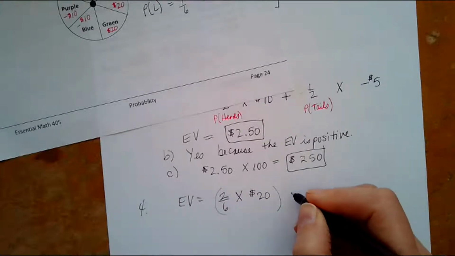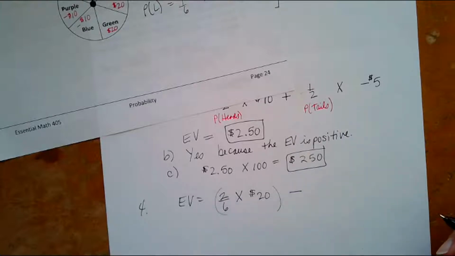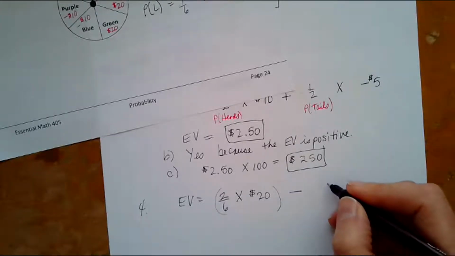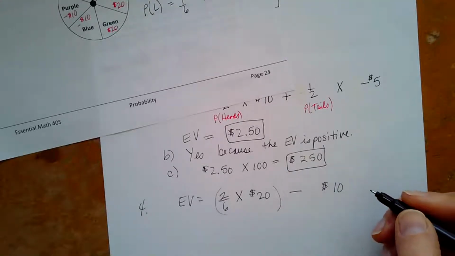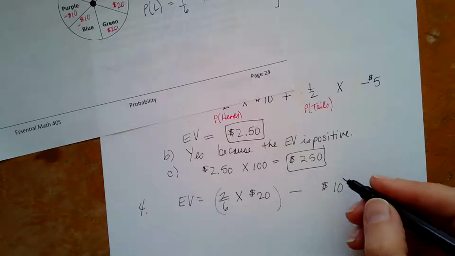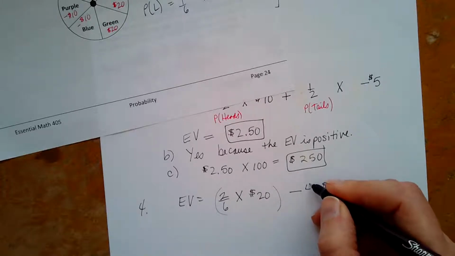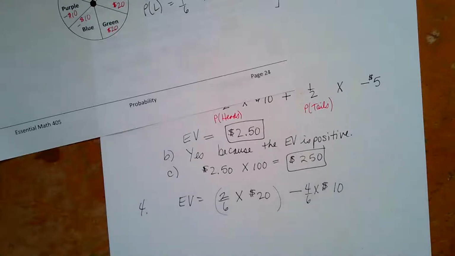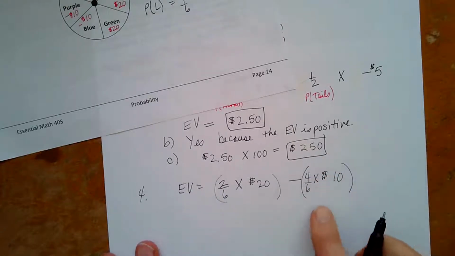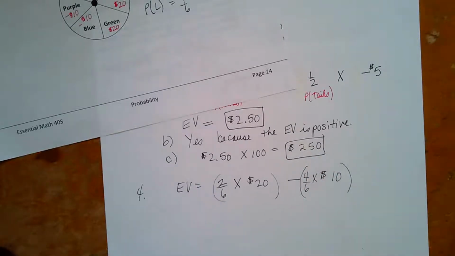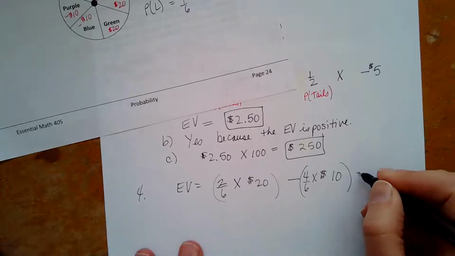And then the cost to play is $10, right? But these ones are a little complicated, because there's more than one way to lose. 2 divided by 6 times 20 minus 4 divided by 6 times 10. Yeah, we get $0.